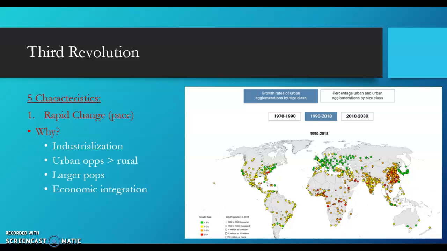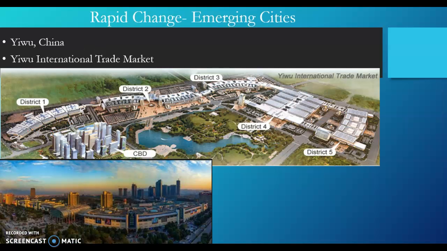These again are areas that are experiencing rapid industrialization, rapid population shift from rural areas to urban areas. Places like China and India have the 2 largest populations, and these places are becoming increasingly integrated in the global economy. A prime example of this rapid change can be found in a city called Yiwu, China.